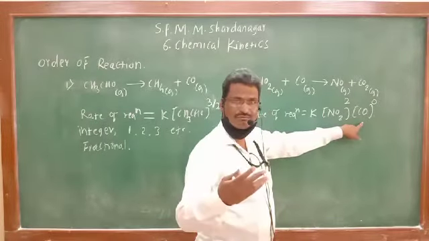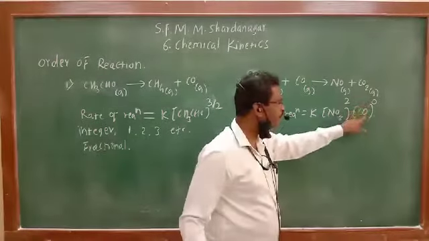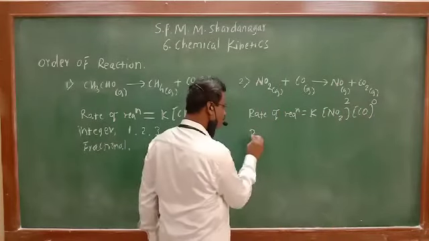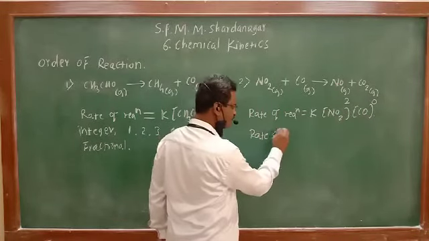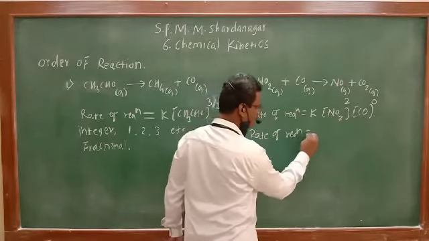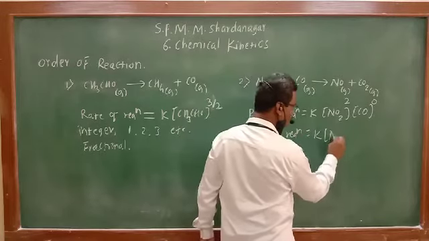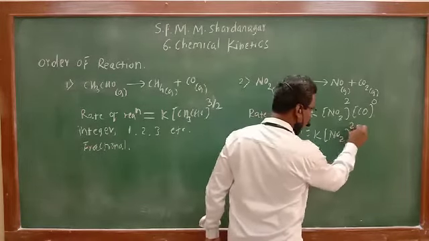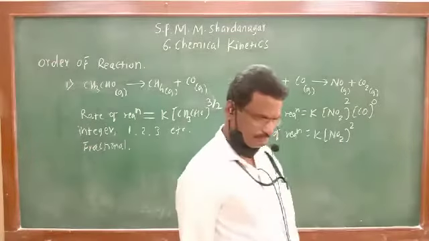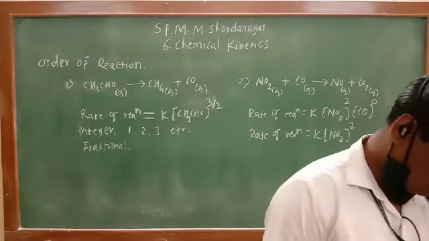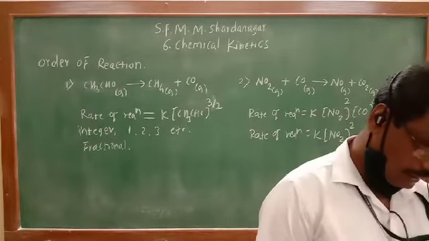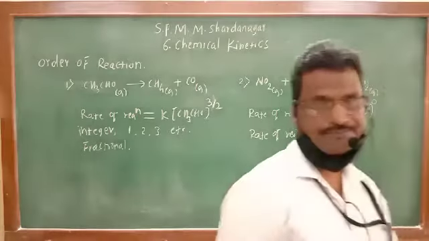Anything which has power 0 will be equal to 1. Therefore, this equation can be written as rate of reaction will be equal to K into NO2 squared.